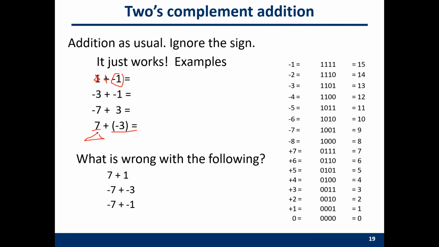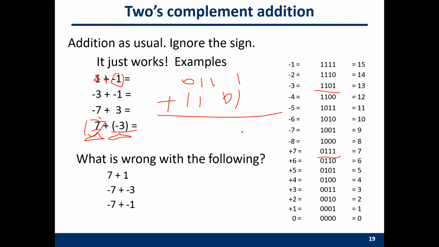So if we want to do this one, we can use this table actually. The 7 can be represented by this one, 1000 plus. A negative 3 can be indicated by this number, 1101.